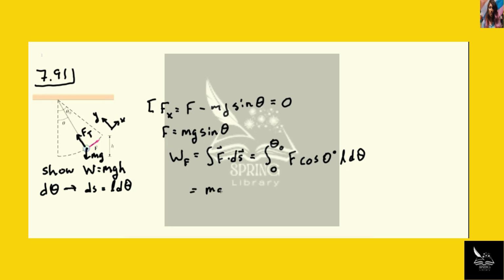And so this is mg L times the integral from 0 to theta naught of sine theta d theta.